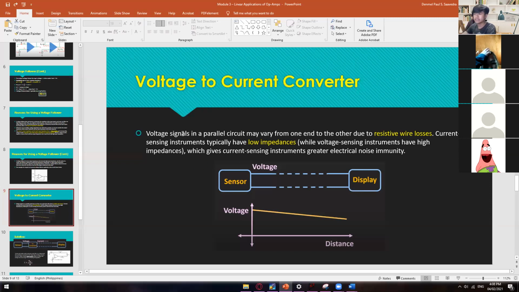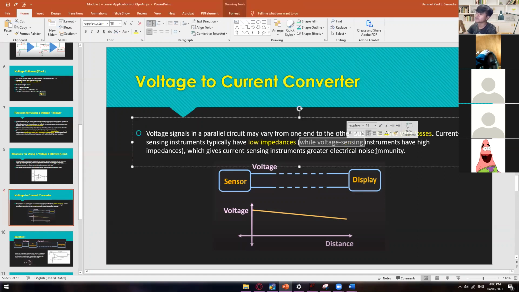Because voltage signals in a parallel circuit may vary from one to the other due to resistive wire losses. As you all may know, voltage always has a voltage drop when passing a wire or a resistor. But for current, current sensing instruments typically have low impedance while voltage sensing instruments have high impedance.